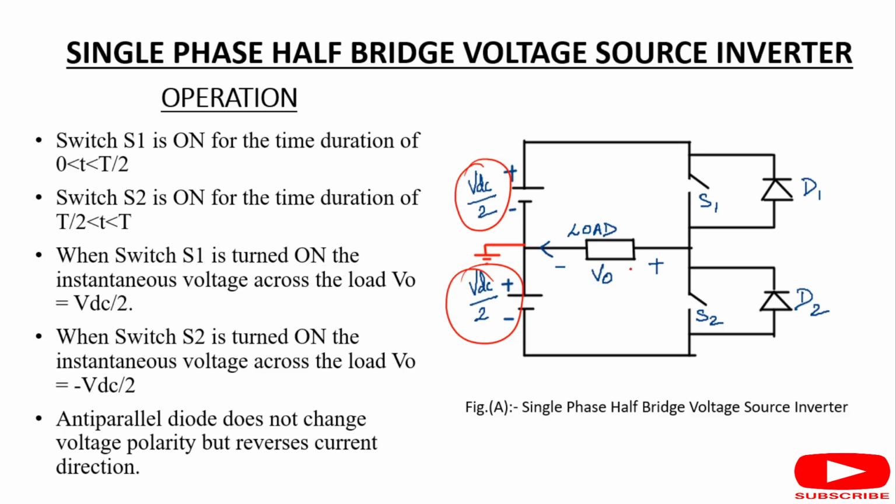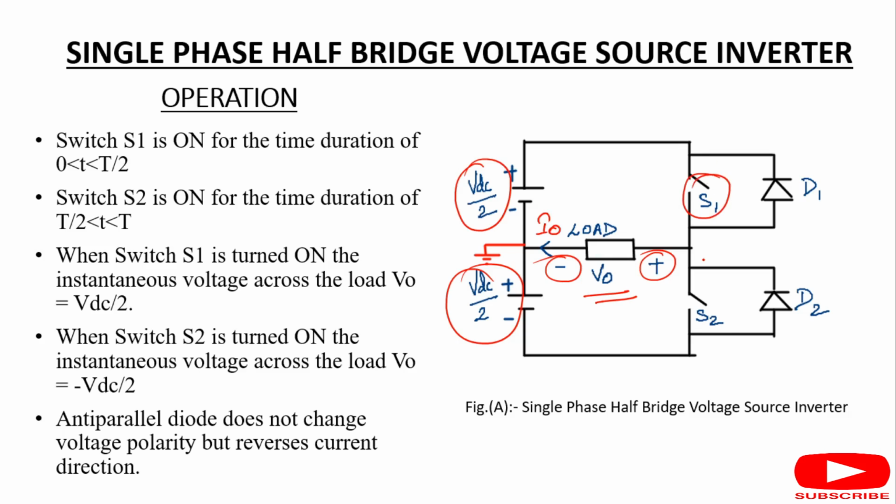Here the load is connected. It could be anything like a resistive, inductive or capacitive load. The polarity of the output voltage is already marked. The output voltage is the voltage across the load, and I naught is the load current flowing through the load.